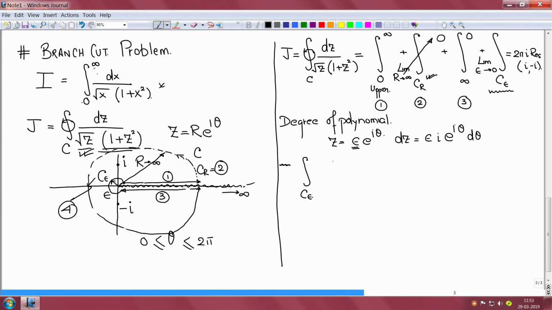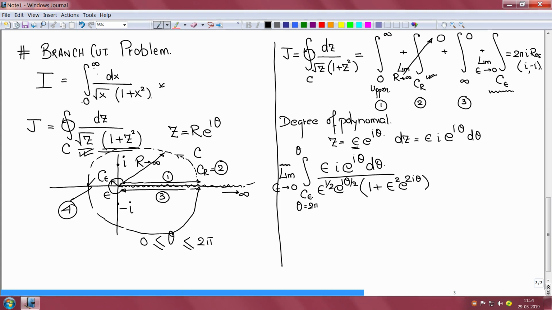The numerator is dz, which is epsilon i e to the power of i theta d theta; square root of z is epsilon to the power half e to the power of i theta by 2; and then I have 1 plus epsilon squared e to the power of twice i theta, and the whole thing has limit epsilon tending to 0, with theta limits 0 to 2 pi.